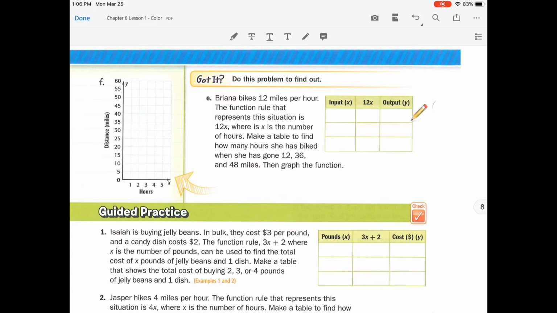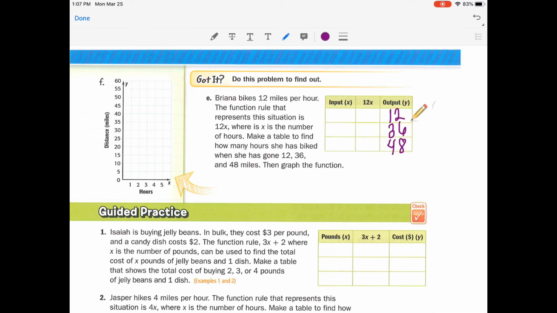Okay, so looking here, Brianna bikes 12 miles per hour. The function rule represents 12x, and x is the number of hours. Make the table to find how many hours she biked in 12, 36, and 48 miles. So we want to know how many hours she has gone in 12 miles, 36 miles, and 48 miles.